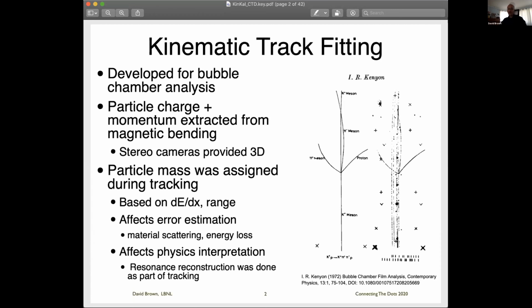And that allows you to incorporate all the features of the event, for instance, the particle ID, dE/dx, the density of the dots, or the range, and all the error estimation coming from the material effects, which were important in bubble chambers. And of course, all the physical interpretation in terms of the particle identities.